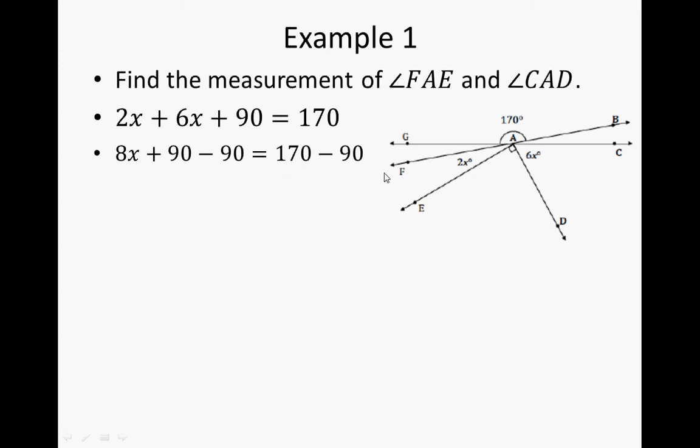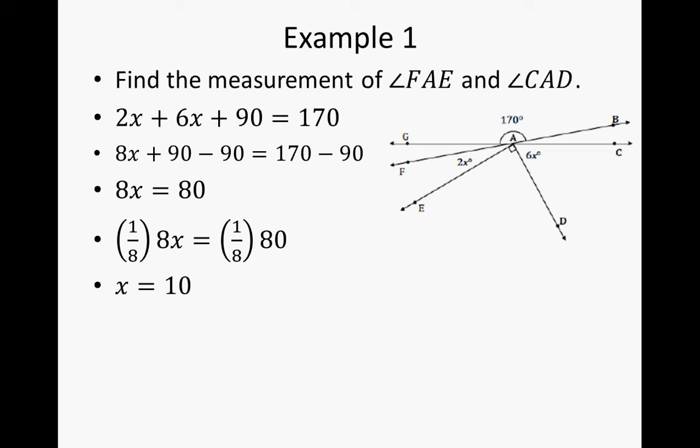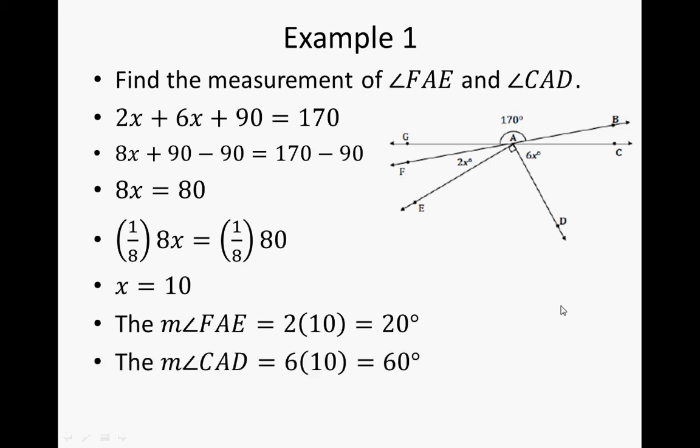So that means 170 minus 90 would mean we'd have 8x equals 80, and then obviously multiplying by 1/8, 1/8 of 80 is 10. So therefore the measure of angle FAE is 2 times 10, because we have 2x, so 2 times 10 is 20, so this would be 20 degrees. And the measure of CAD would be 6 times that, so 6 times 10 is 60.